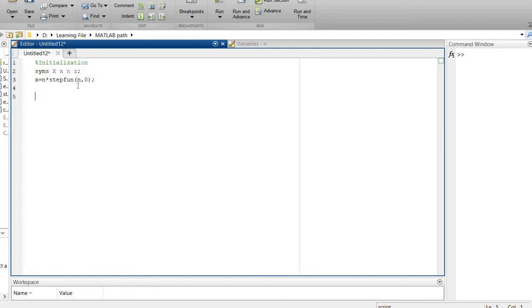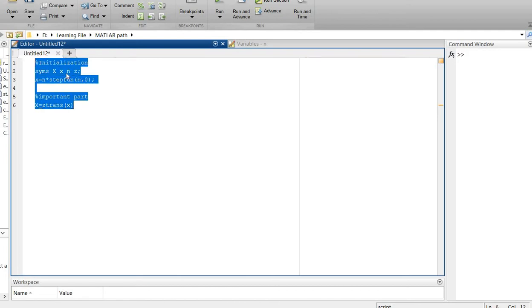Okay, so again for the important part, so X is equal to ztrans, and then x. Okay, so that would be it. That would be the programming for finding the Z transform for the equation of x.